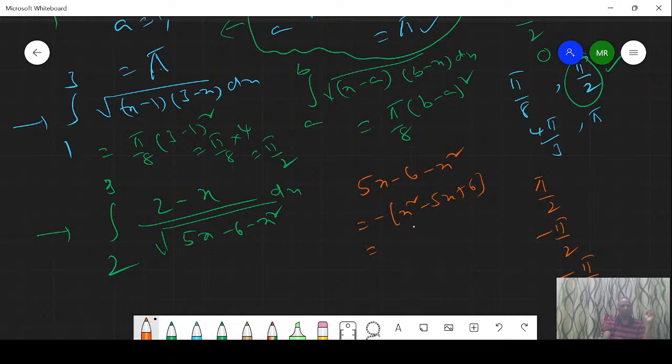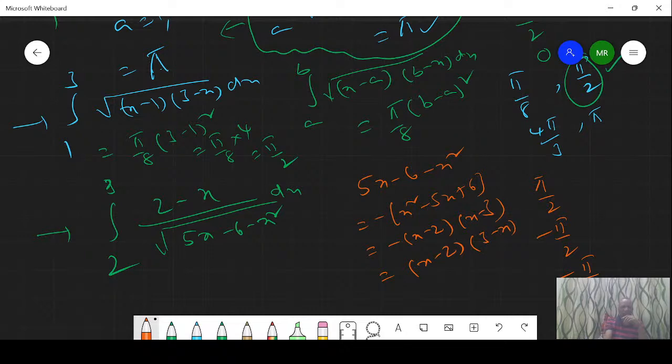So this is minus of (x minus 2) into (x minus 3). But here we have 2 minus x, and according to our formula, I will write this as (x minus 2) multiplied with negative, (3 minus x).